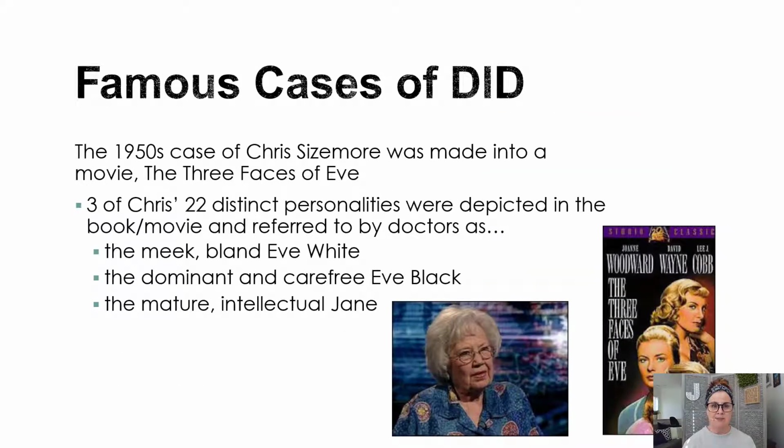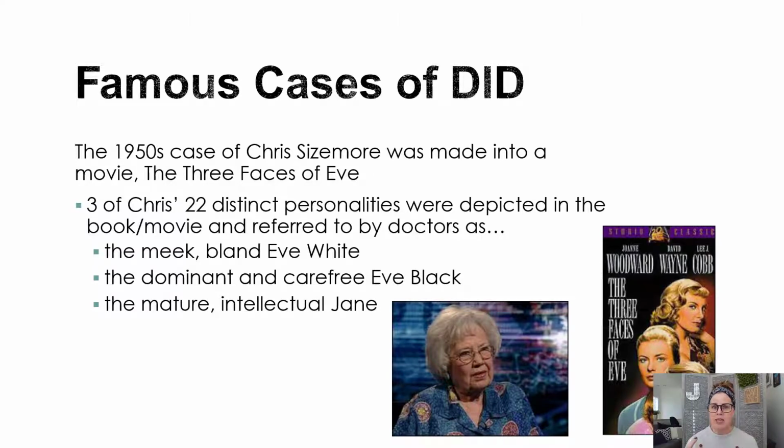Another famous case of DID was Chris Sizemore, and back in the 1950s there was an incredibly famous movie called The Three Faces of Eve. If you're an old movie fanatic, this might be a movie that draws you in now because of the psychology connection. In the movie, three of those personalities are depicted.